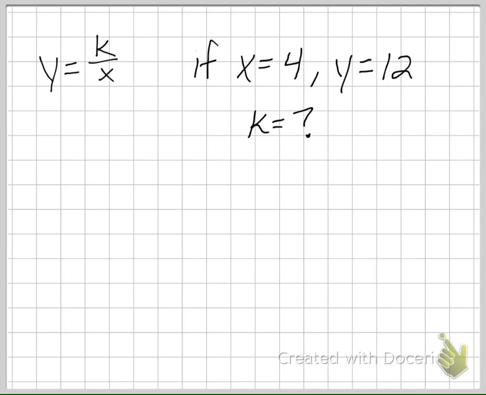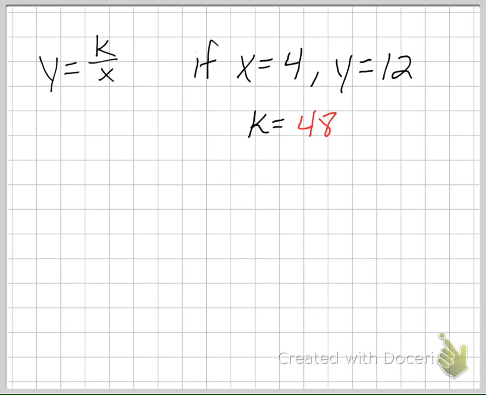Well, yeah, because we could look over here and say, well, if k over x equals y, then k over 4 equals 12. So what divided by 4 would give me 12? And that's 48.